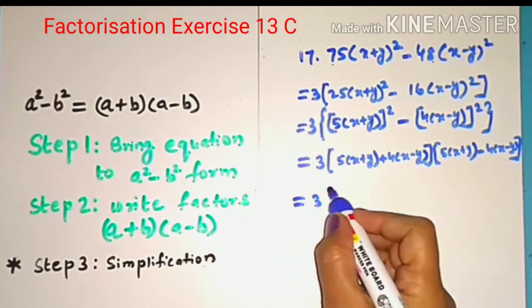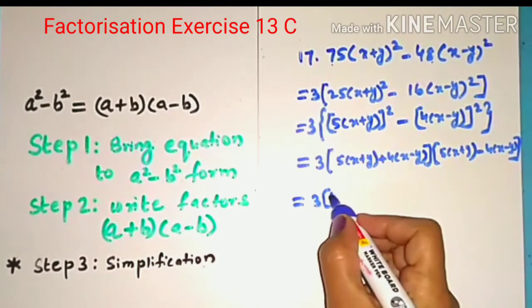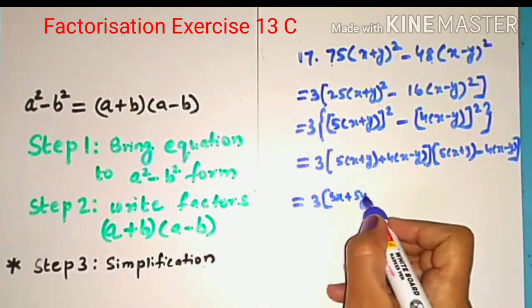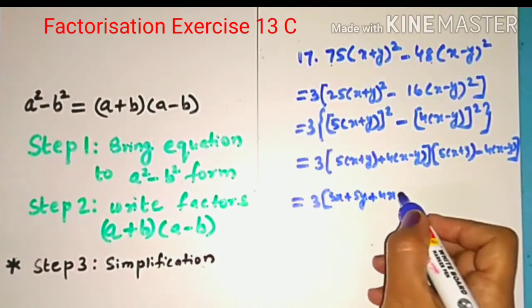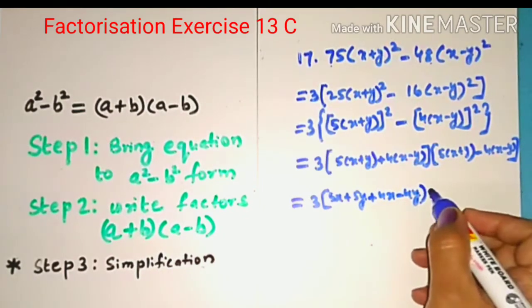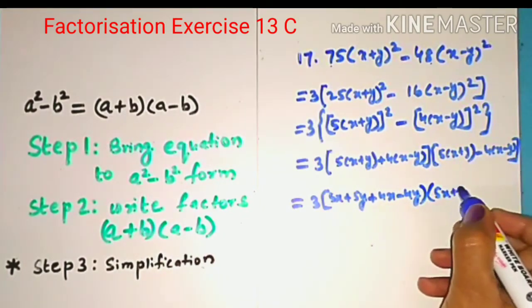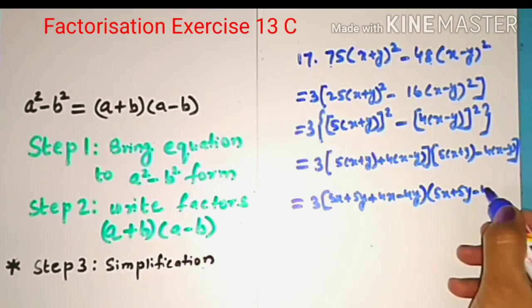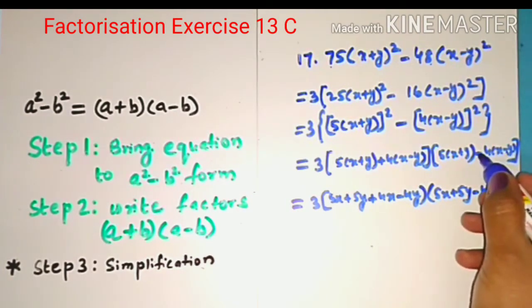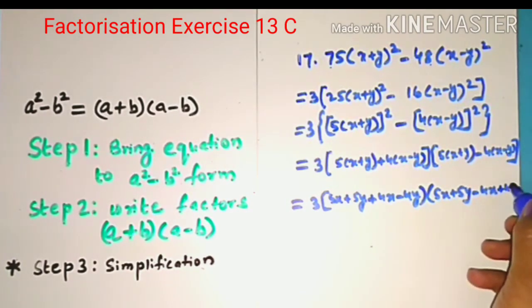Now we will multiply this. This becomes 5x plus 5y plus 4x minus 4y. 5x plus 5y minus 4x, this minus minus will become plus 4y.